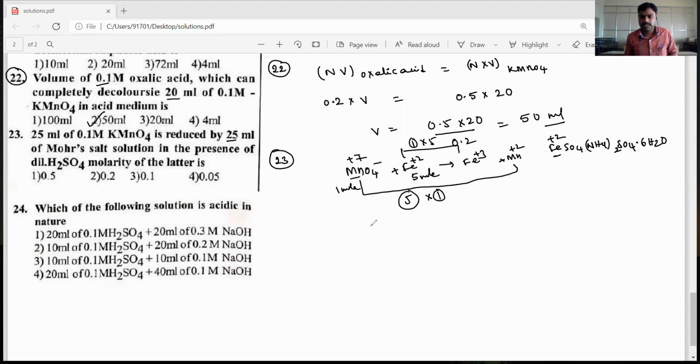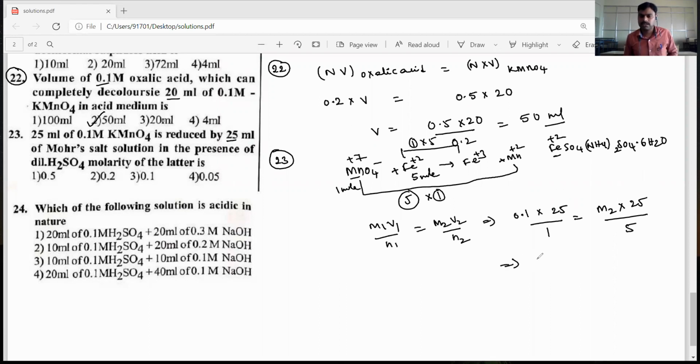So that relation is M1V1 by N1 is equal to M2V2 by N2. M1 is 0.1 molar and its volume is 25, and the number of moles of KMnO4 in the stoichiometric equation is 1. M2 we need to find out, with volume of Mohr's salt 25 ml, and its N2 is 5.